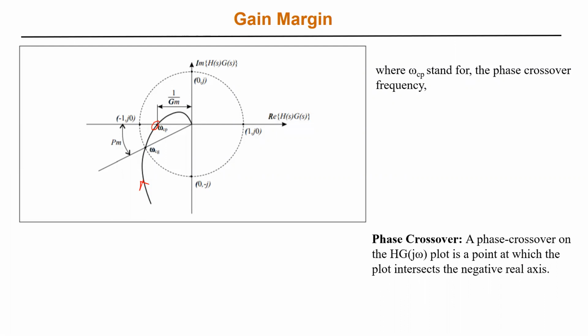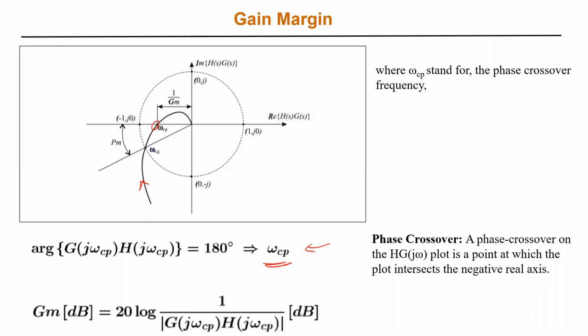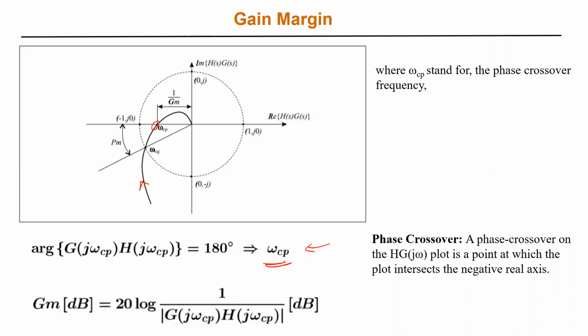This is how I find omega, the phase crossover frequency. Once I get the frequency, I substitute it in the magnitude and take the inverse of it. That will give me the gain margin. In dB, take 20 log of that quantity.